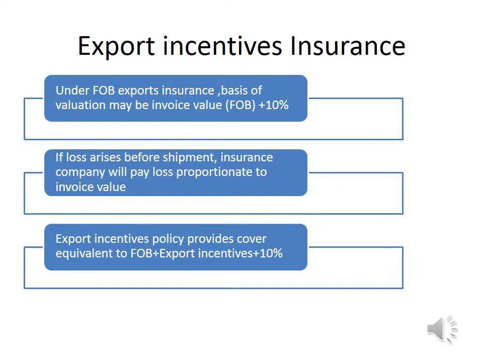The export incentives can also be covered with proper discussions with the insurance company. Now, what are the export incentives? Once I'm exporting something, I will get some duty drawback or certain facilities because I'm exporting certain goods. Similarly, IGST, CGST, all these things are waived when I have an invoice of export.